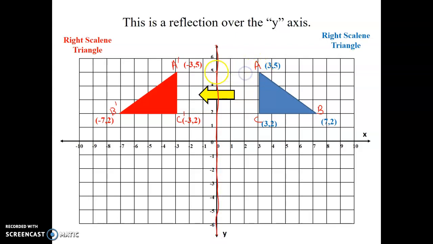A is 1, 2, 3 units from the y-axis, so is C. A prime is 1, 2, 3 units from the y-axis, so is C prime. B is 1, 2, 3, 4, 5, 6, 7 units from the y-axis. B prime is 1, 2, 3, 4, 5, 6, 7 units from the y-axis as well.